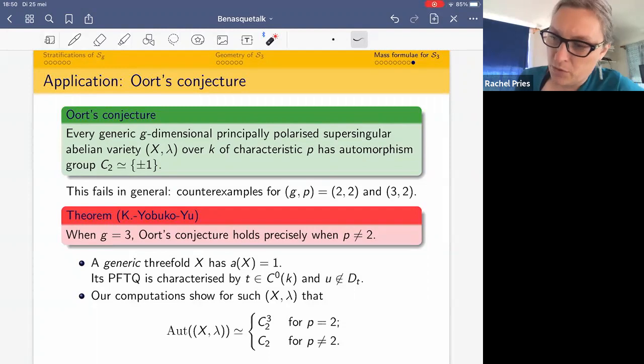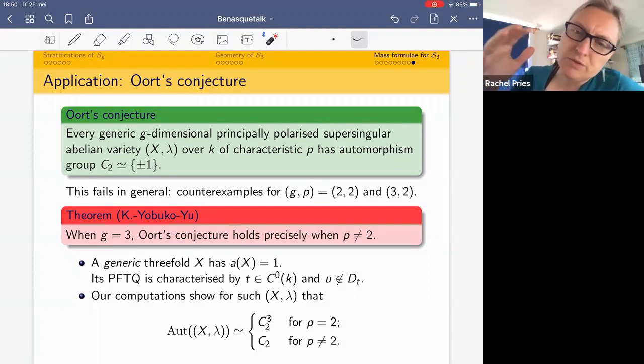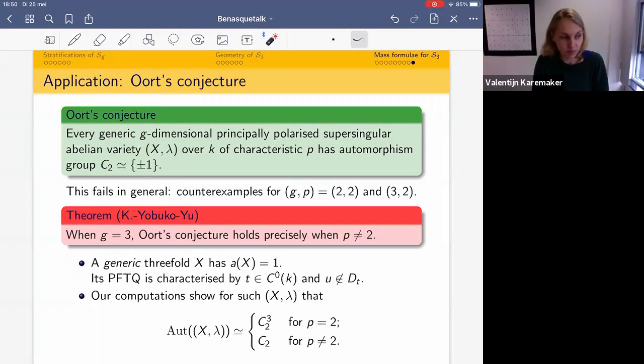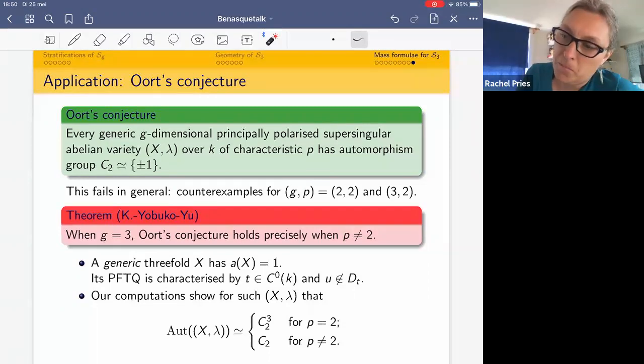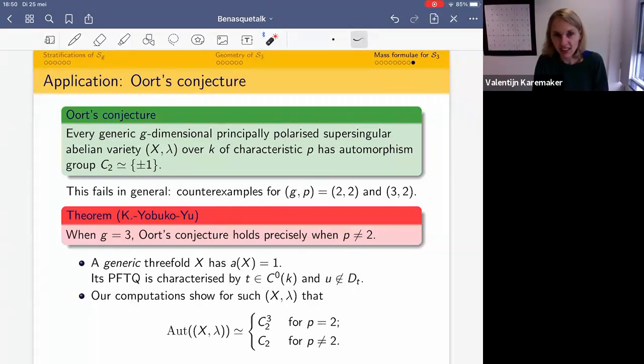Oh, yes, I also had a question. You may have said this about the a-number 2 calculations. Can you separate them into the 2 different Ekedahl-Oort types for a-number 2? That is something we did not try to do. Probably we can, but it was somehow not necessary, because in the a-number 2 case, you can more directly use the computations that were done for the surfaces.